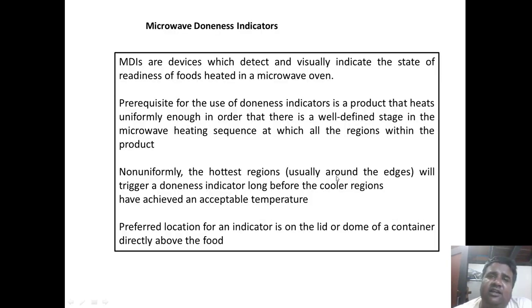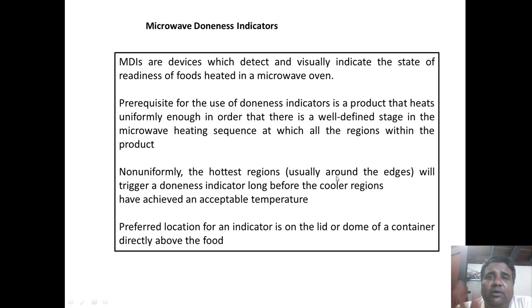Microwave doneness indicators are very helpful facilities for us. It is very difficult for us to assess the right time when we keep a product inside the microwave. Sometimes it is underheated, sometimes it is overheated, and even a burning problem may take place. Now if you are packaging a product and you say please heat it before consumption, place it in the microwave for 2 minutes, 3 minutes, or at this particular wattage, then this can help us know the right time to take out the product.